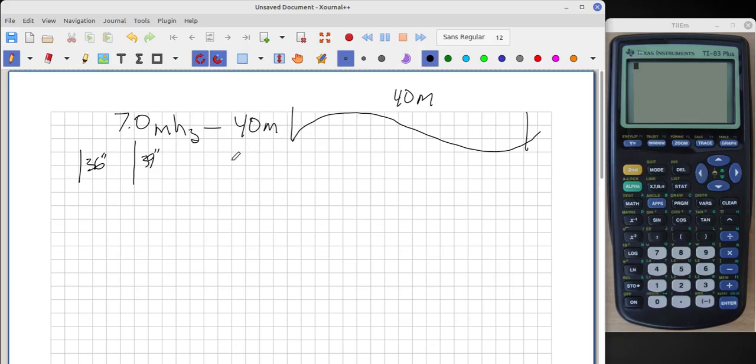So 3 times 40 is 120. And since I know the yardstick is a little shorter than a meter stick, I know that this is the low end. That 40 meters is something larger than 120 feet, but it's at least 120 feet. And this is going to be in the ballpark.